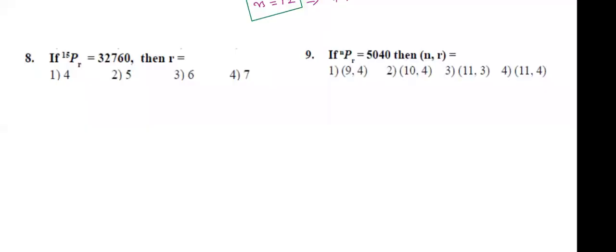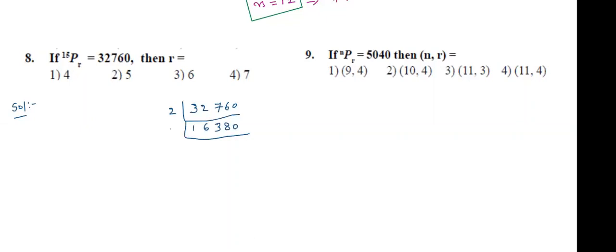Now I am going to question number 8. 15PR is equal to 32,760. So take these terms, 32,760, and do the LCM here. 2 ones are 2, 2 sixes are 12, 2 threes are 6, 2 eights are 16, 0.